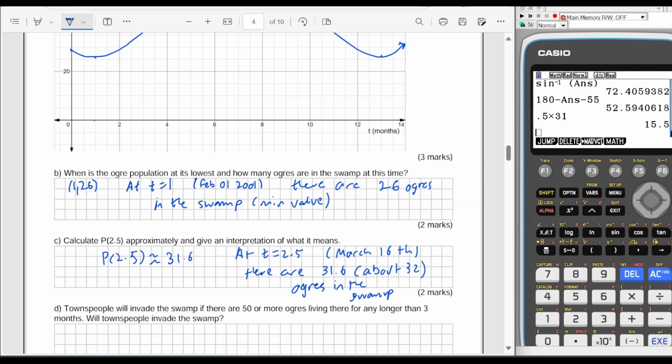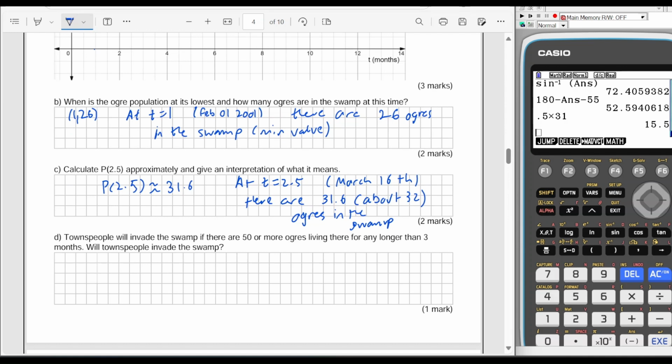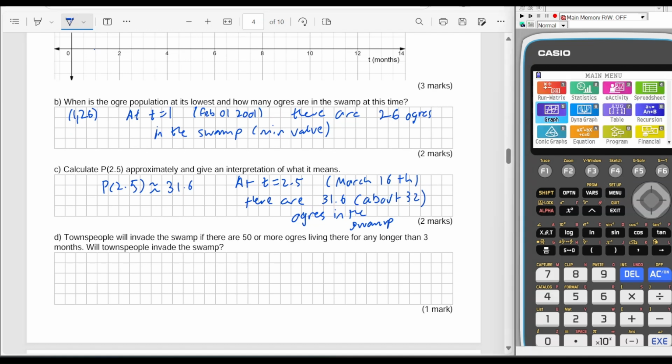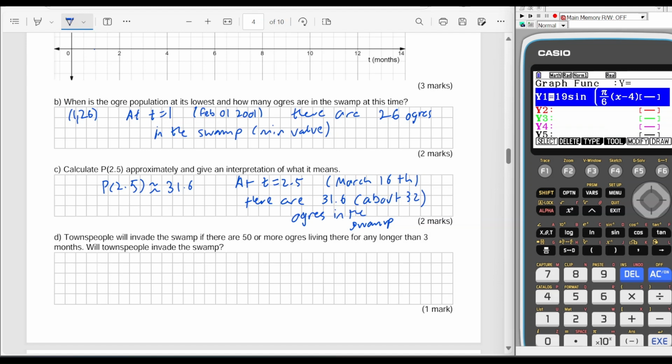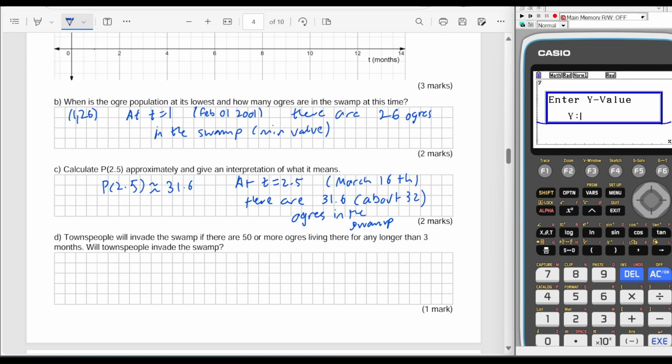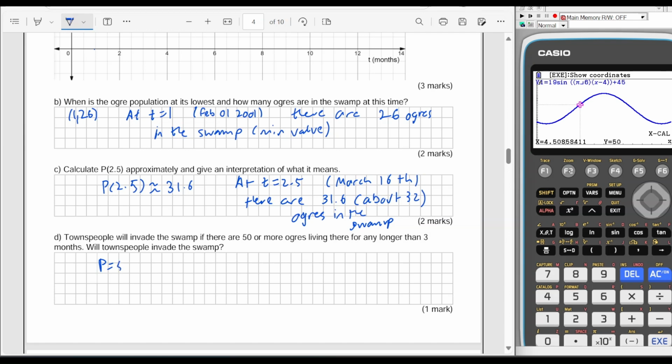Cool. All right, townspeople will invade the swamp if there are 50 or more ogres in there for longer than 3 months. So the way that we do this is we go G-solve across xcal, and we type y is 50. So if P is 50, t would have to be 4.51, and these are approximates.